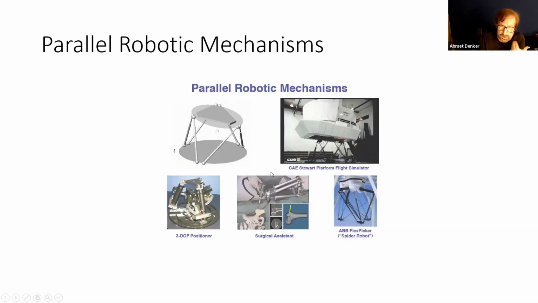So both the lengths of these links change, and also their angles change. This is a rather sophisticated design, and it allows us to simulate all the motions of an aircraft in space.